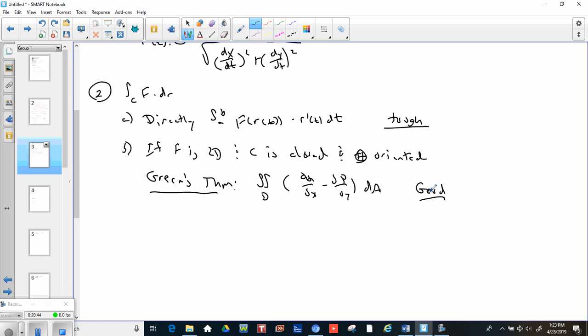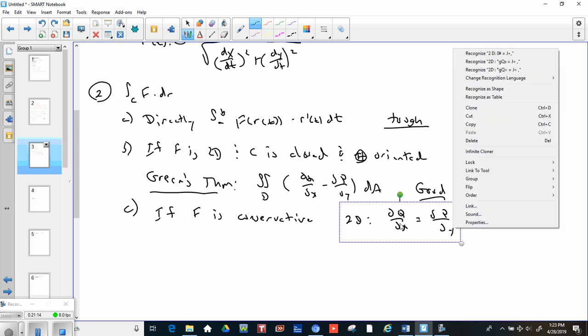Okay, C. If F is conservative. And I said we'd talk about how we figure that out in a second. So there's two ways. Two-dimensionally, it's actually pretty easy. dQ/dx has to equal dP/dy.